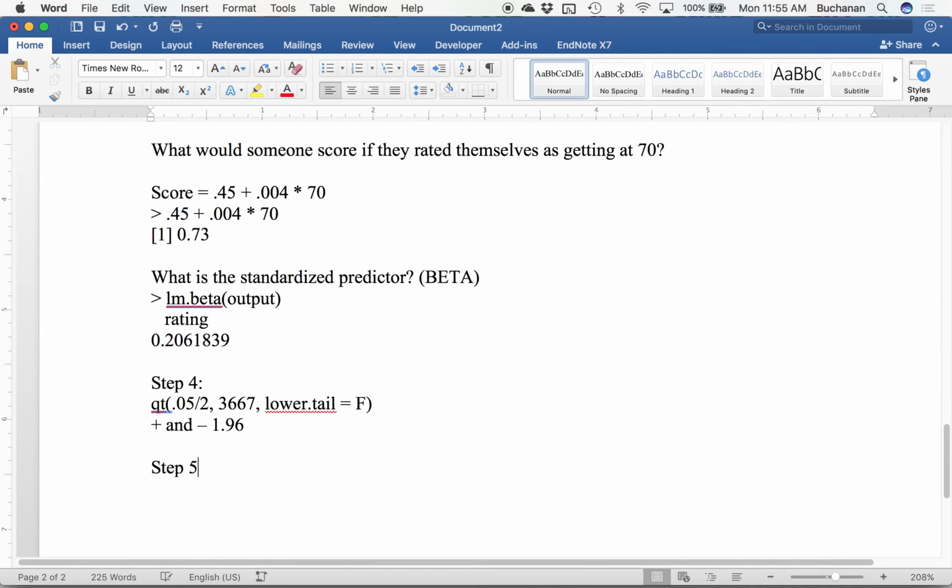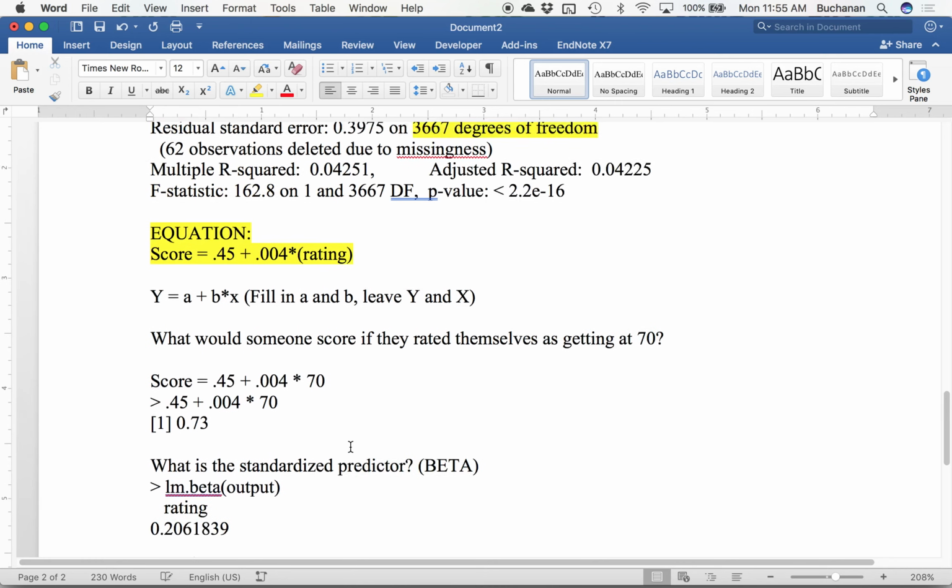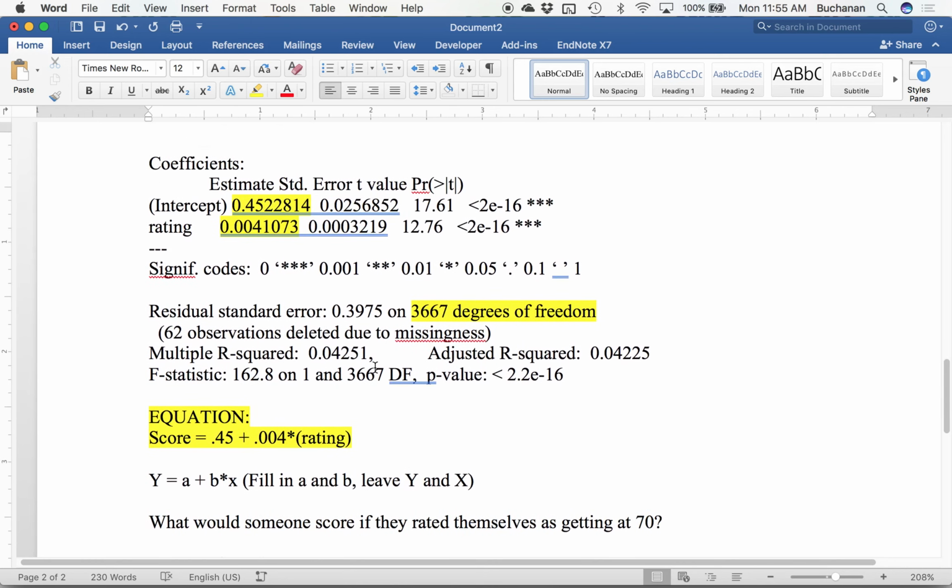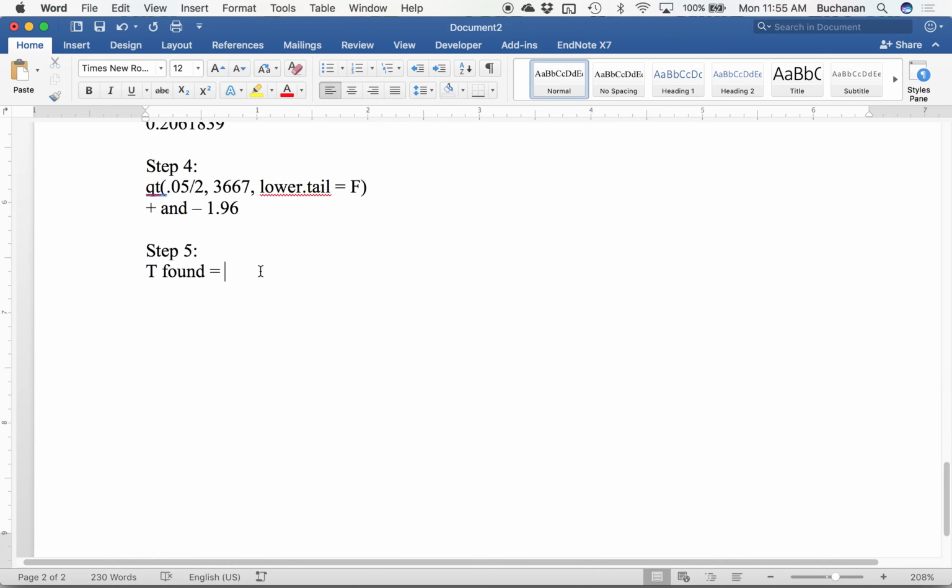All right, step 5 is figure out the t found in our study. Well, it's going to be up here. We're going to use the rating line, so here's t. It looks better when you look at it in R because it prints out so they line up, but it's 12.76. So step 6 is, do we reject? Is 12.76 bigger than 1.96?